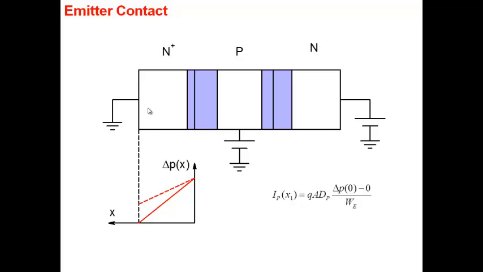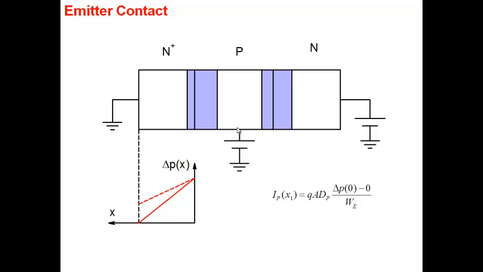The hole current injected is a diffusive current, so you have q A D_p here, and the excess hole density here, which is delta P0, over the thickness W_E. We assume that this is an ideal contact, and at the ideal contact the excess hole density is 0. So that's why it is delta P0 minus 0, divided by W_E. That's how we get the hole current injected into the emitter.